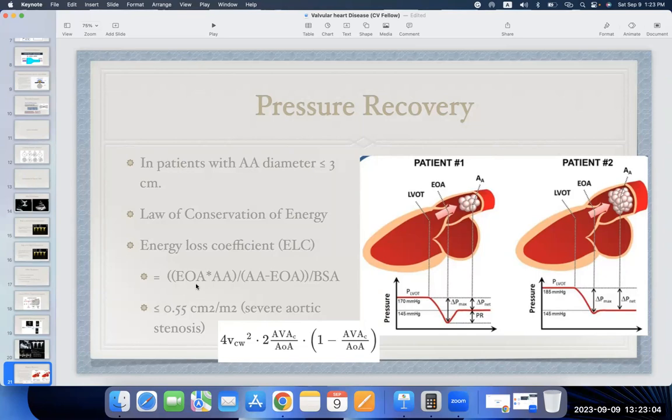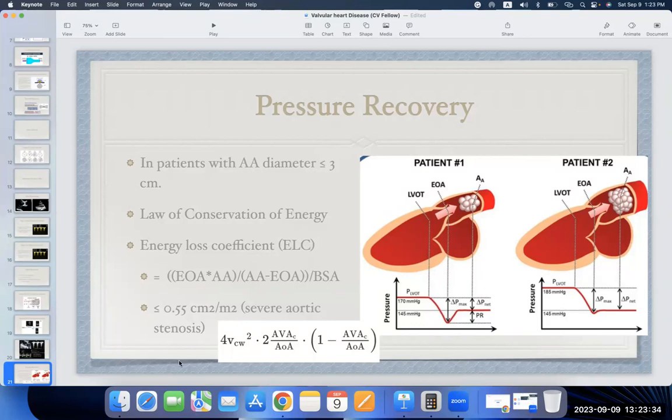You multiply the aortic valve area by the ascending aortic area, using the same method to calculate the area of the ascending aorta, and then you divide it by the ascending aorta area minus the aortic valve area, and then divide it by the body surface area. So this is the simple way, and I think this is the one that you can use in real practice.